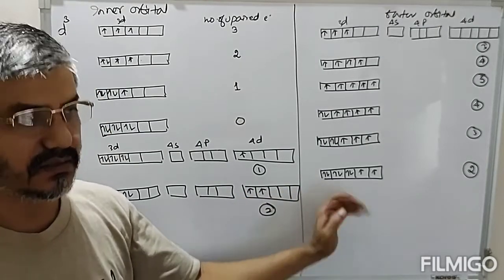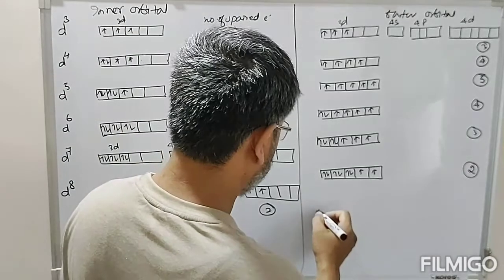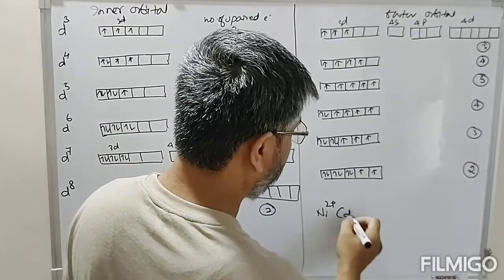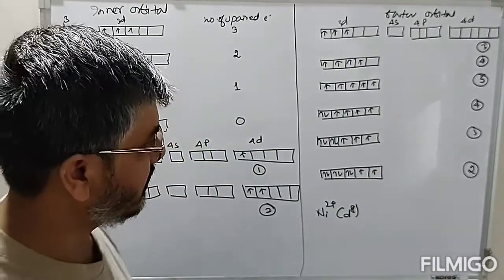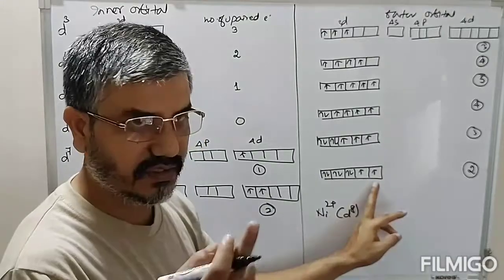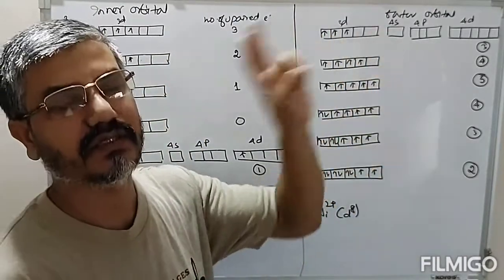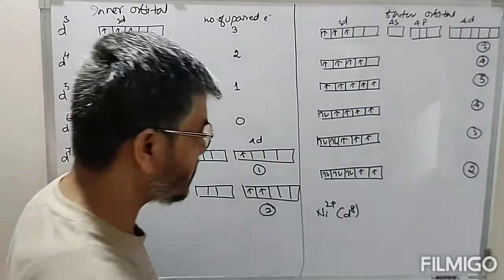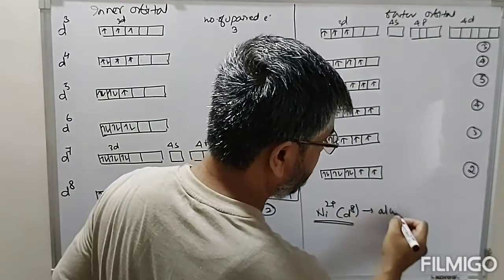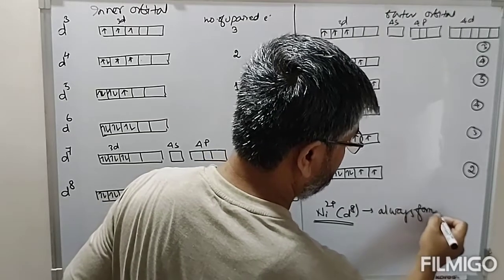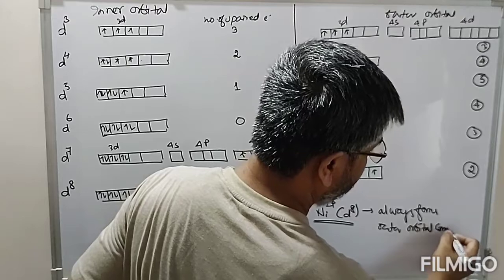D8, that is, we have nickel plus 2. Nickel plus 2 having d8 configuration, even in the presence of a strong field ligand, if the electron is paired up here, only one d orbital is available. But for this complex, two d orbitals are required. So this nickel 2 plus, that is d8, always forms an outer orbital complex.